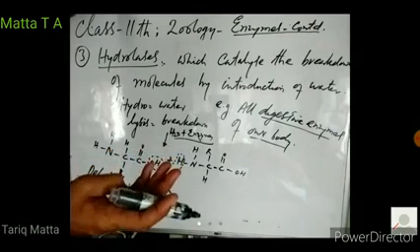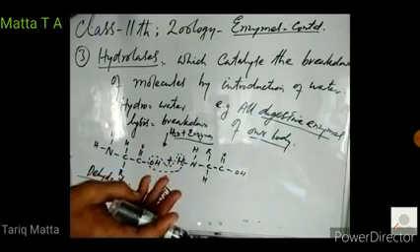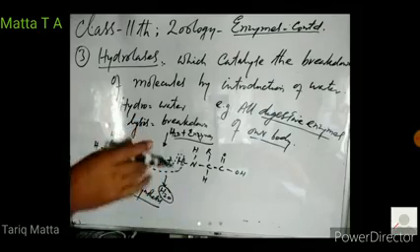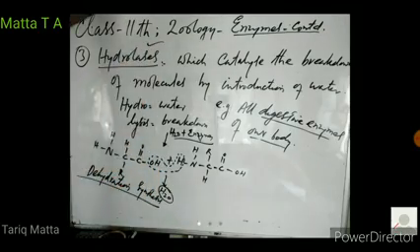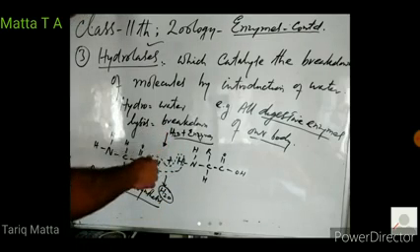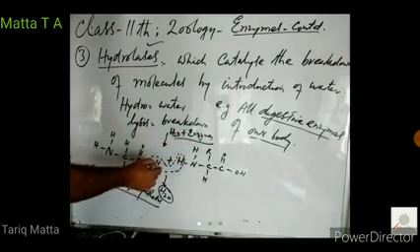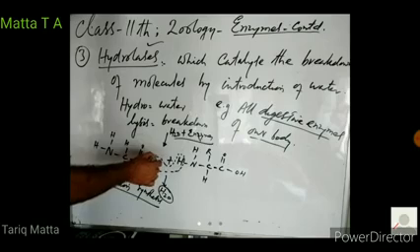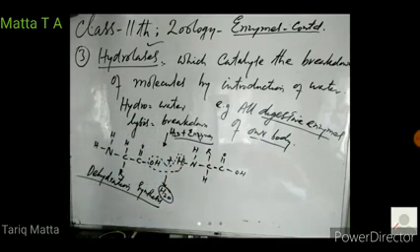So proteases, amylases, lipases, nucleases, they are all hydrolysis because they all break complex molecules into simple molecules by the introduction of water. So they introduce water molecules into peptide bonds, into glycosidic bonds, into ester bonds, right? To break those bonds and convert complex molecules into simple molecules.